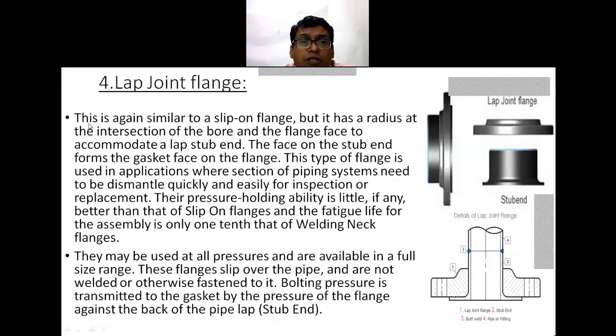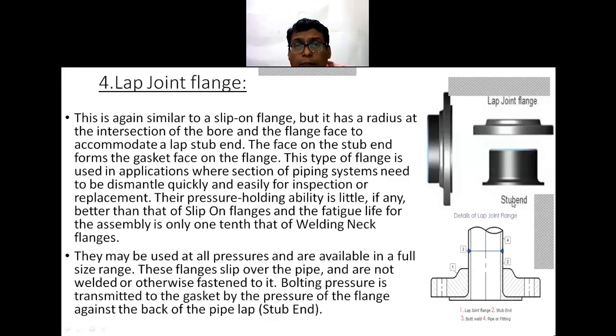This is again similar to the slip-on flange, because your pipe is slipped over the flange. That is why it is also called a slip-on flange. But it has a radius at the intersection of the bore and the flange face to accommodate a lap stub end. So this is the lap stub end which is provided in the case of a lap joint flange.